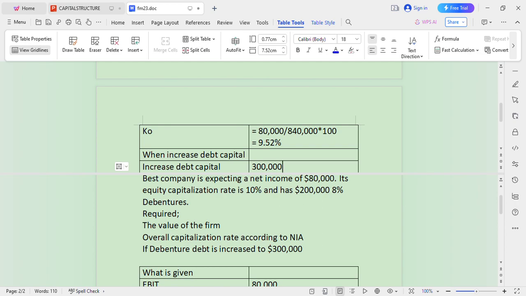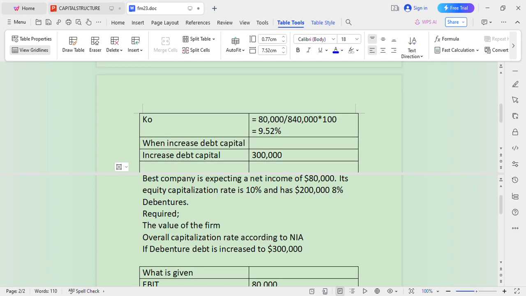and number two, what will be the overall capitalization rate? So in other words, again, we apply the formula. The value of the farm equals S, market value of equity, plus market value of debt.